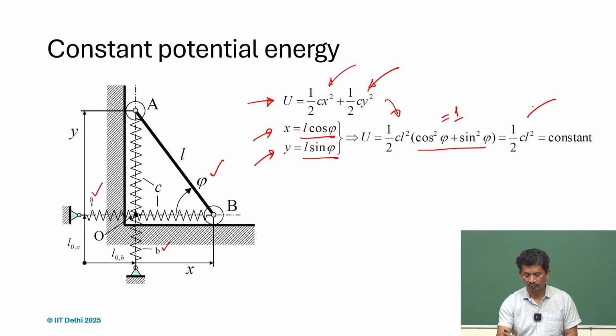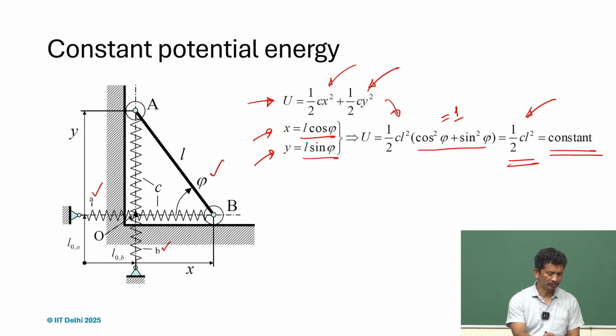So what we get is half CL square, and it's independent of phi. So no matter how it's oriented, how it's positioned, the potential energy is always constant, half CL square. It means the total energy is not dependent on this phi. So it can stay anywhere.